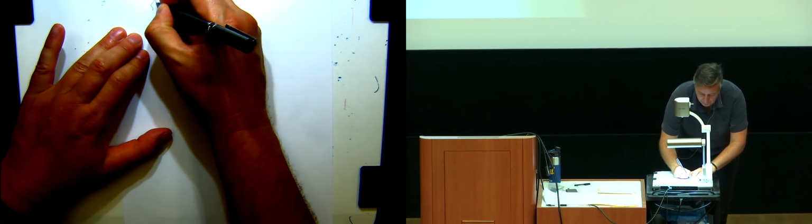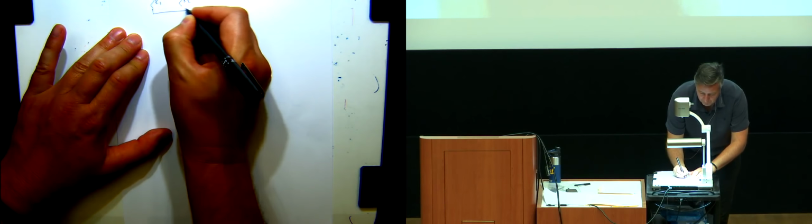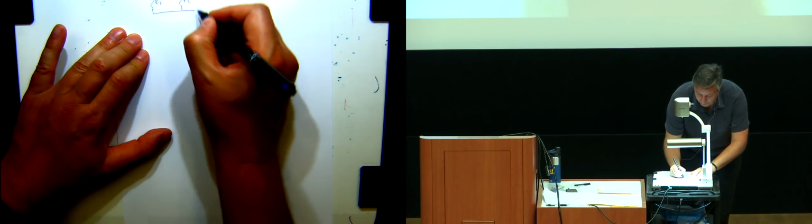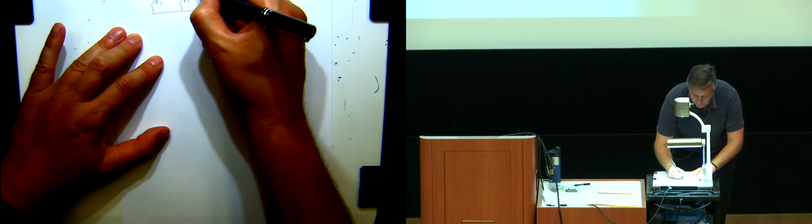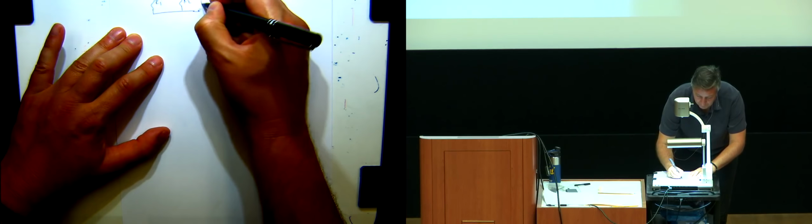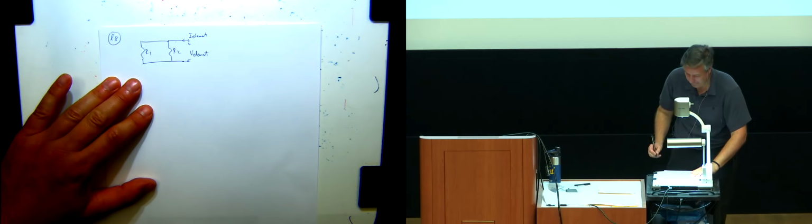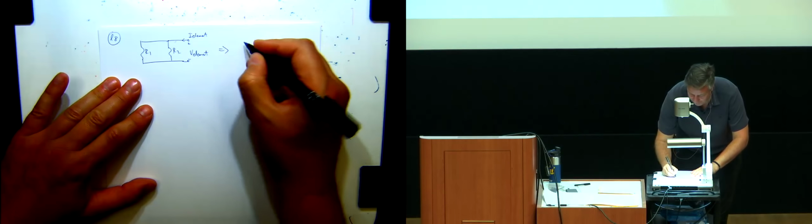So let's do another one. I want to do this circuit. So this is now the I element. And I want to create a Thevenin again.